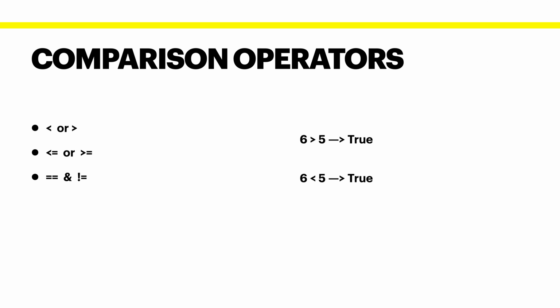The double equal to operator checks if the two inputs are equal, and the exclamation and equal to operator checks if the two inputs are not equal. Now that we have a basic idea of comparison operators, let us look at conditional statements.